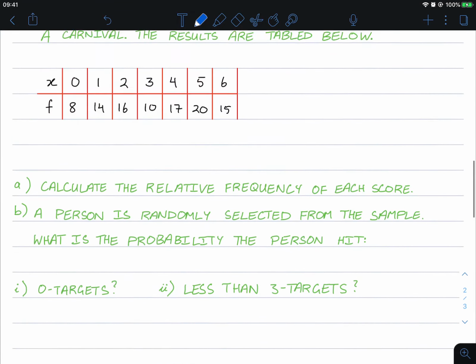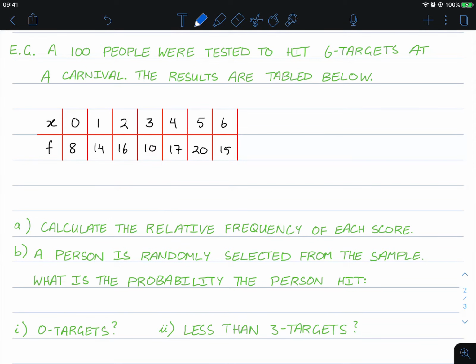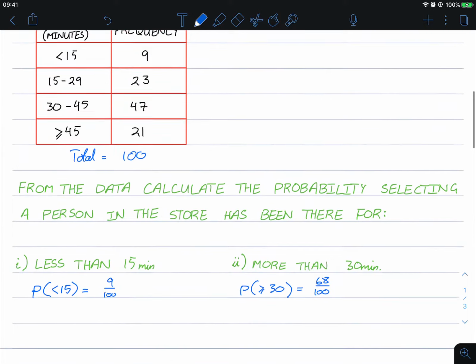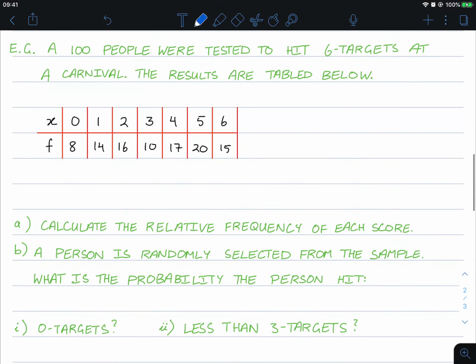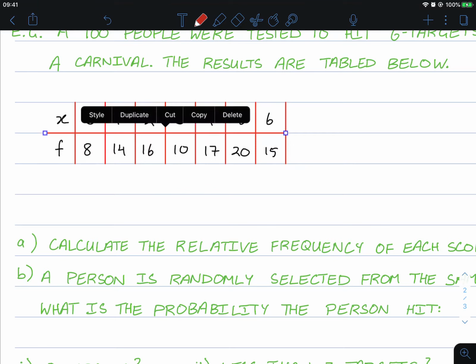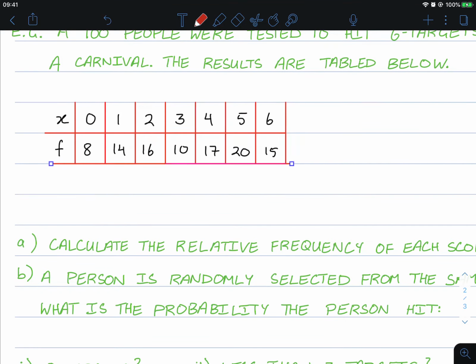Here's another example. 100 people were tested to hit 6 targets at a carnival. The results are tabled below. Let's calculate the relative frequency of each score. For data displays like this, or even for this one, what you can do instead is create or extend the table that you've been given, like so.